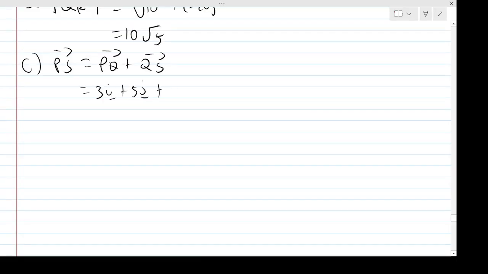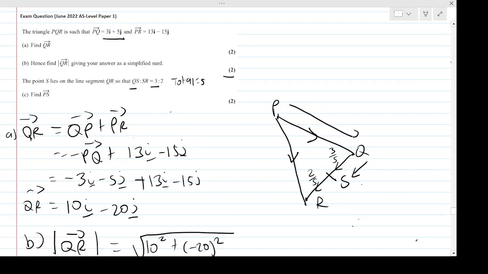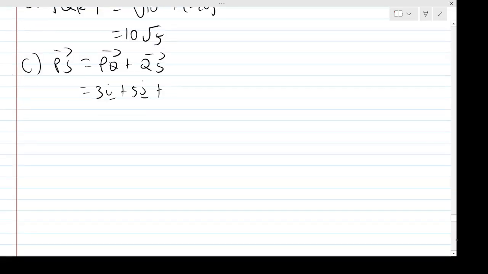Now Q to S then, as we discussed, is 3/5 of QR, the whole line QR.